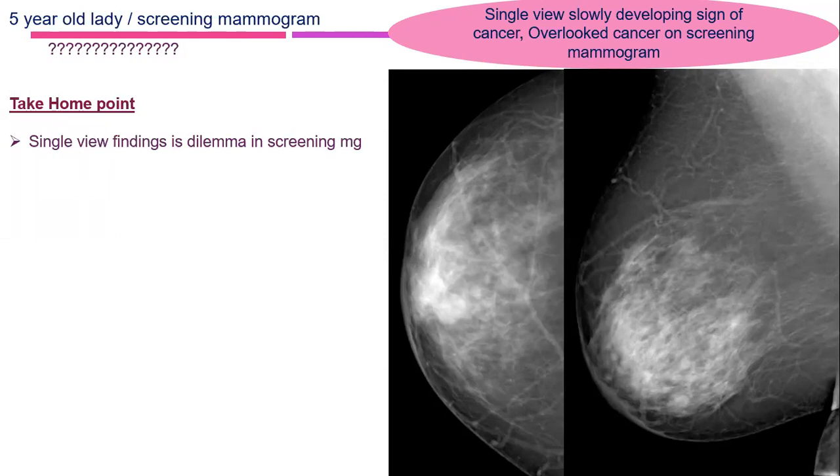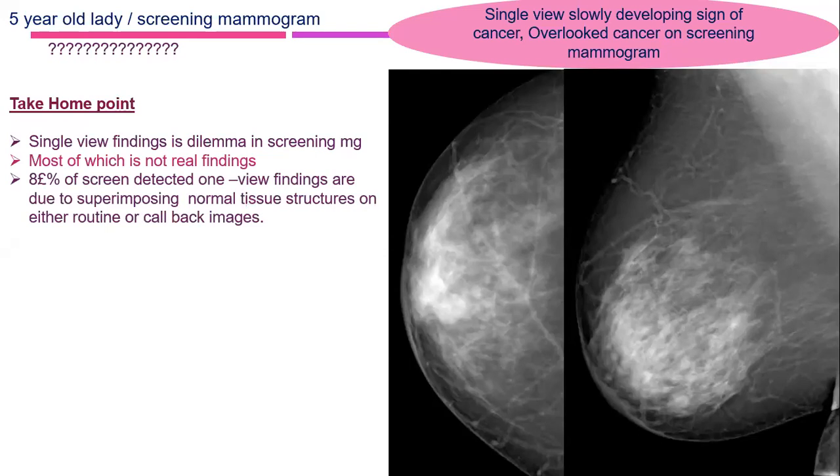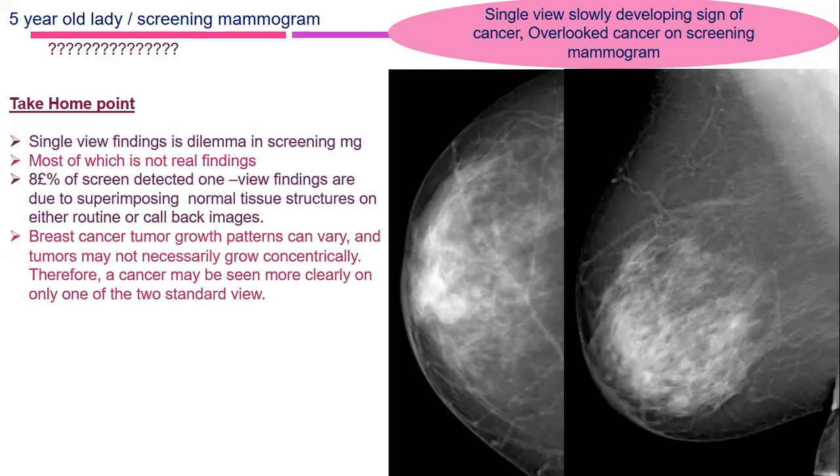A single view finding is usually a dilemma in screening mammography, because most are not real findings. 83% of screen detected single view findings are due to superimposition of normal structures on either routine or callback images. However, breast cancer tumor growth pattern can vary, and a tumor may not necessarily grow concentrically, so you can see it in a single view.